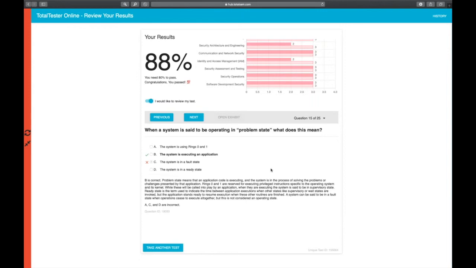Ready state is the term used to indicate the time between application execution when other states like supervisory or wait states are invoked, but the application stands ready to resume execution when these other routines are finished. A system can be said to be in a fault state when operations cease to execute altogether, but this is not considered an operating state.